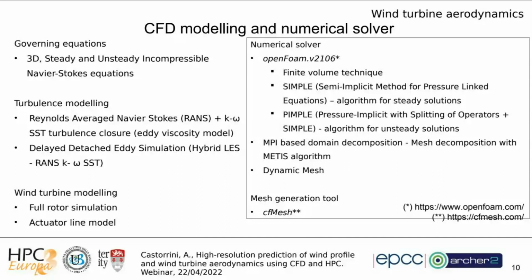Basically, the CFD is based on the 3-dimensional steady and incompressible Navier-Stokes equations. For the turbulence modeling, we are going to apply the Reynolds average Navier-Stokes with the k-omega shear stress transport turbulence model, which is an eddy viscosity model, and a hybrid, so more accurate, technique that couples LES, so large eddy simulation, with the same RANS model used before.